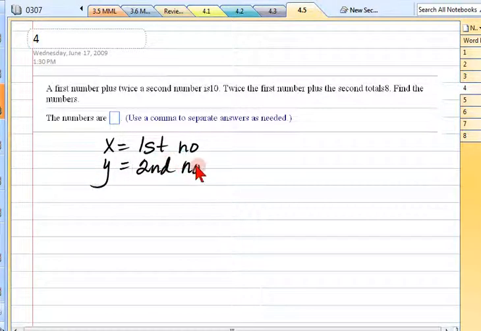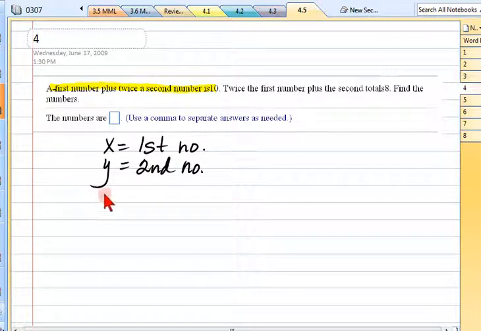Now, if the problem had referred to larger and smaller, then I would have called them larger and smaller. But it just called them first and second. Now, please do this as you work through it. Every time it says first number, you write down an X. And every time it says second number, you write down a Y. All right, it starts out, a first number plus twice a second number is 10.